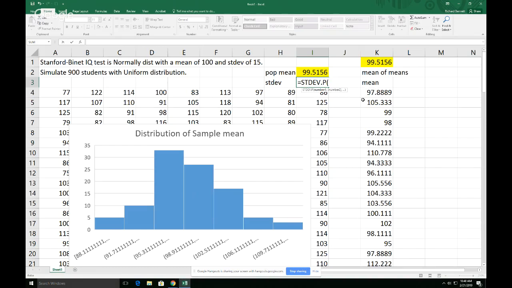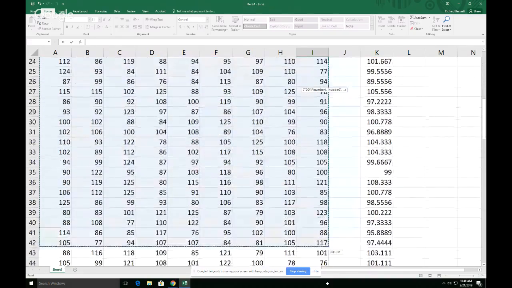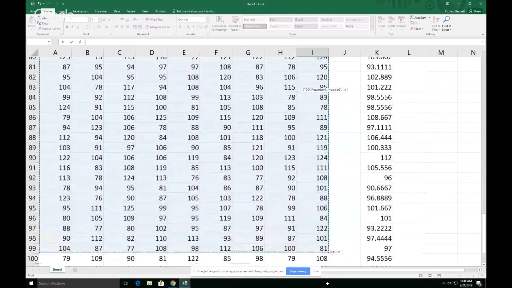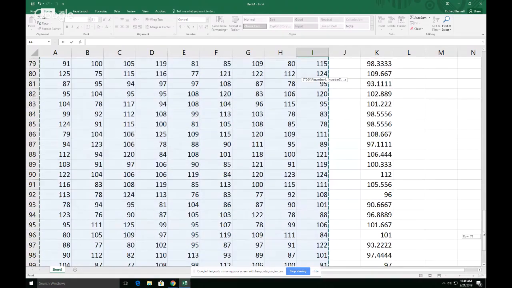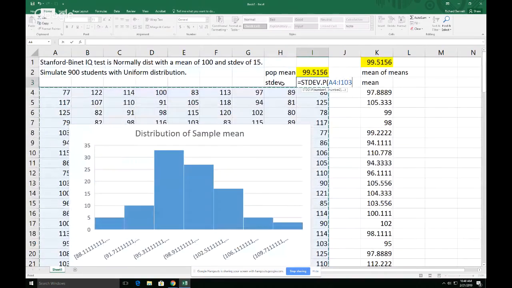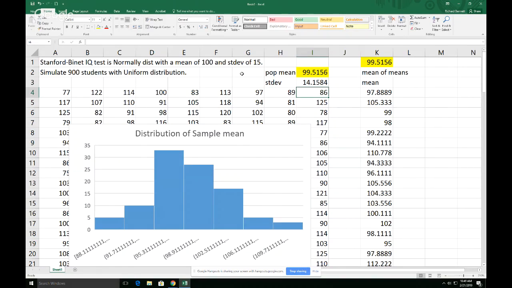This is the population standard deviation. Remember, when I did this originally, I wanted my standard deviation to be about 15. Let's see how close I got with my simulation. 14.1, pretty good, right?